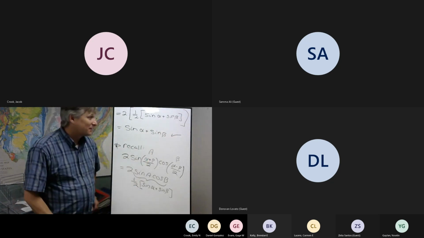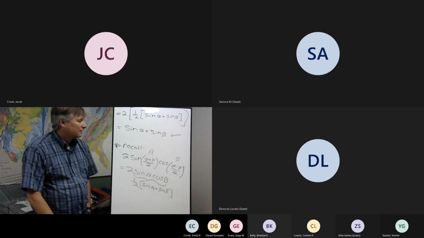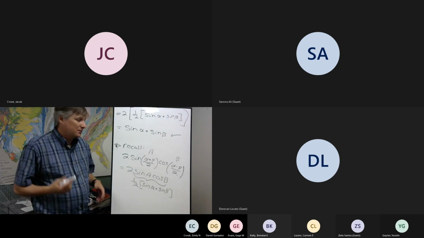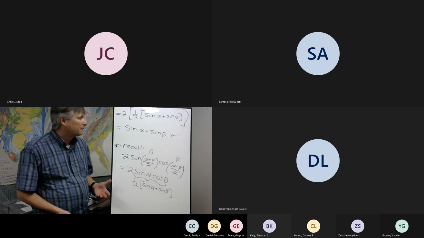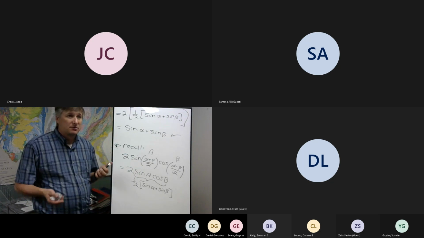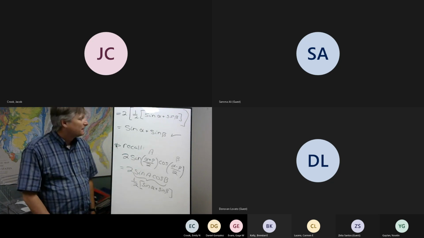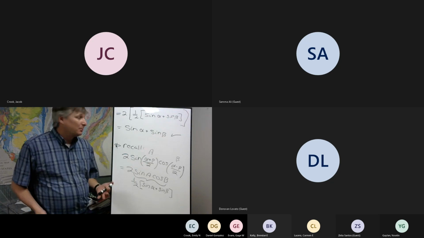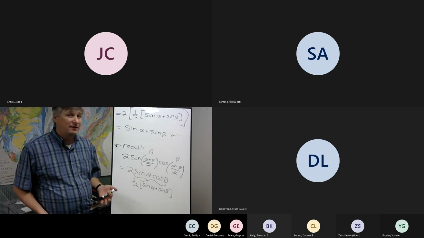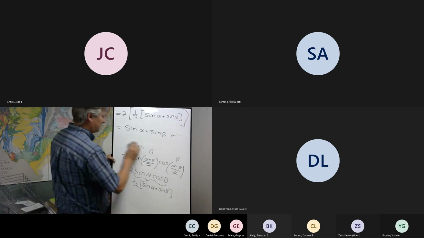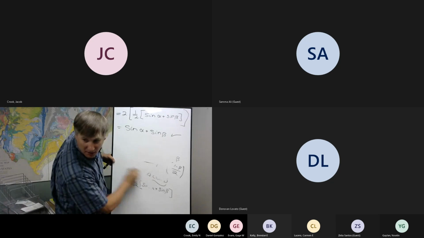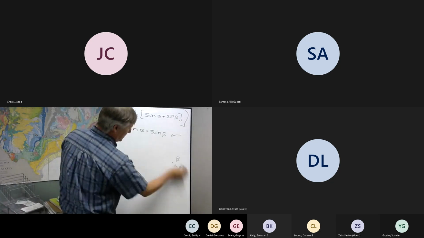And that gives us our derivation. So basically what we just do is we just work with the product to sum formula, and that gives us this sum to product formula. So let's do an example, and then those are it for the identities. Oh, almost out of time, so let me do a quick example.